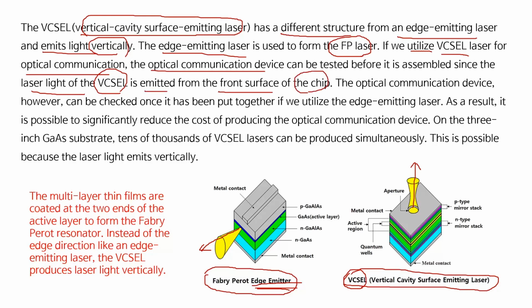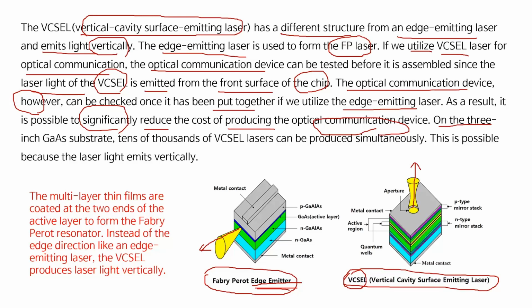The optical communication device, however, can be checked only once it has been put together if we utilize the edge emitting laser. As a result, it is possible to significantly reduce the cost of producing the optical communication device if we use the VCSEL laser.